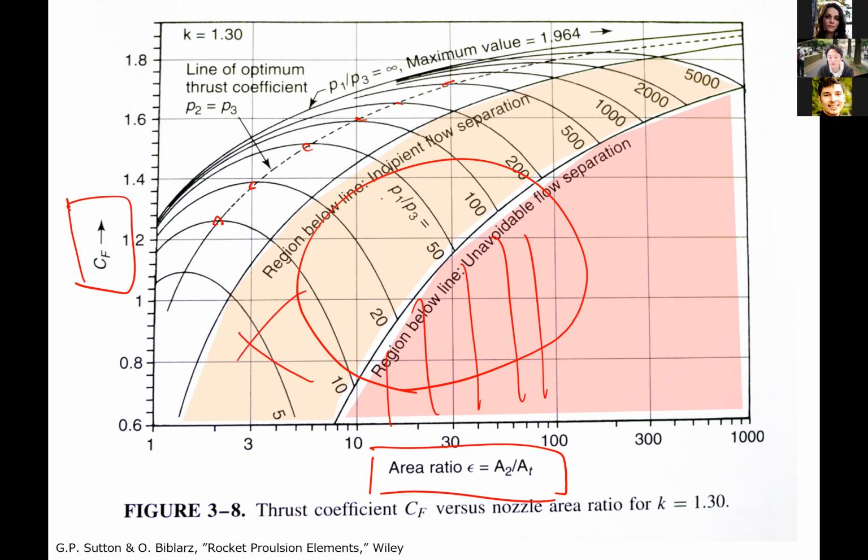And this orange region, maybe flow separation will occur. So if possible, we want to avoid this area. Around here, flow separation will not occur, so it's okay. But the orange area, if possible, we should avoid, and the red area we have to avoid. So by using this kind of diagram, we have to design the nozzle configuration.